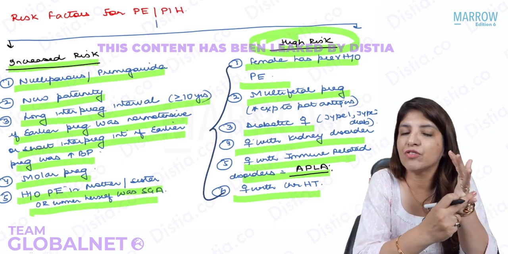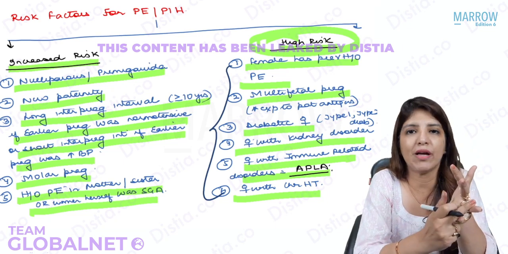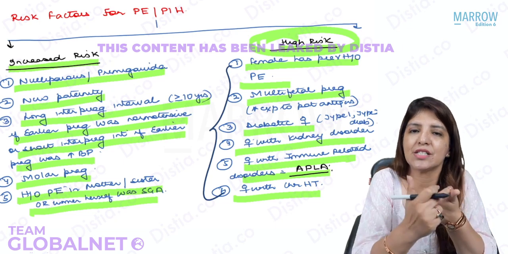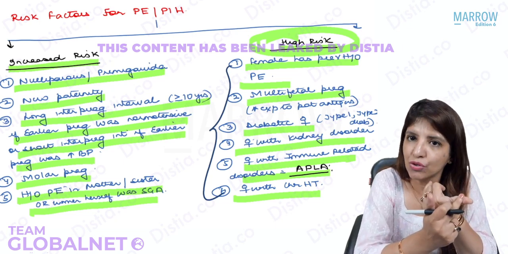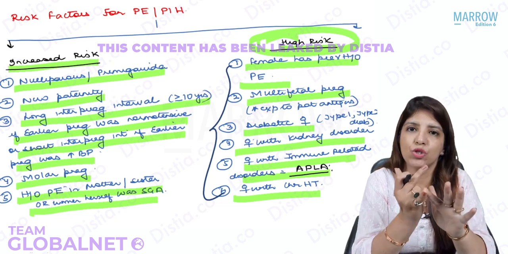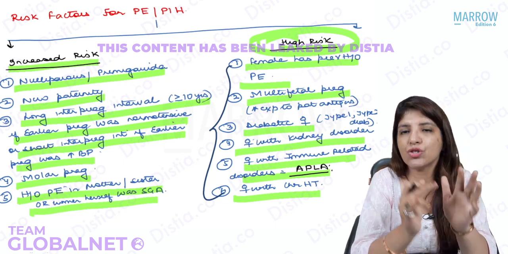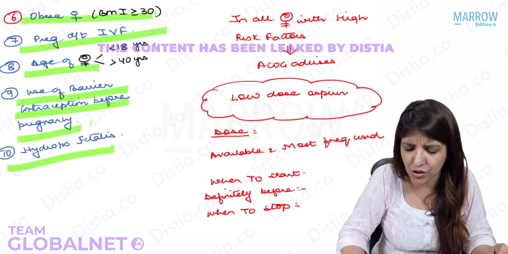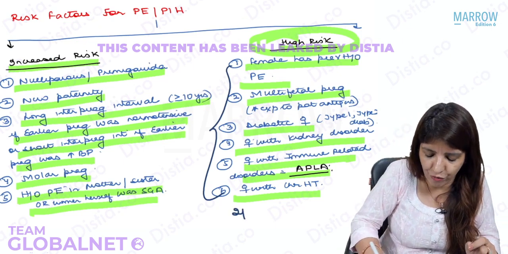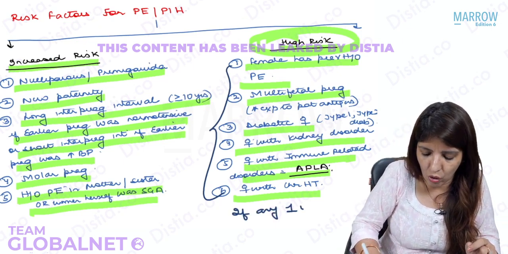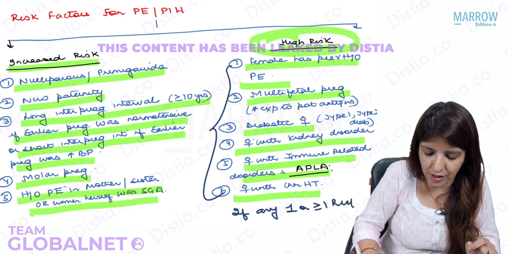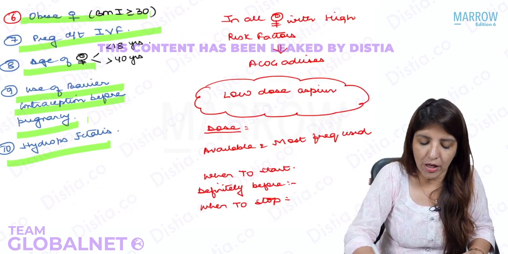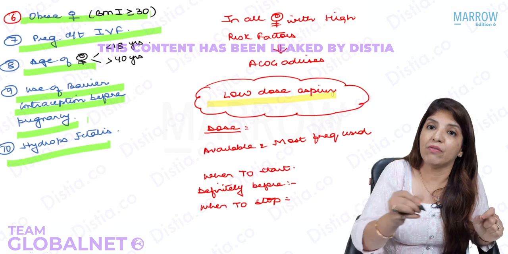High risk factors are previous history of preeclampsia, chronic hypertension, diabetes, kidney disease, APLA, that is immune related disease, and twin pregnancy. In these 6 conditions which come under high risk, ACOG says that if any one or more than one risk factor is present, then you have to give them low dose aspirin to prevent PIH.